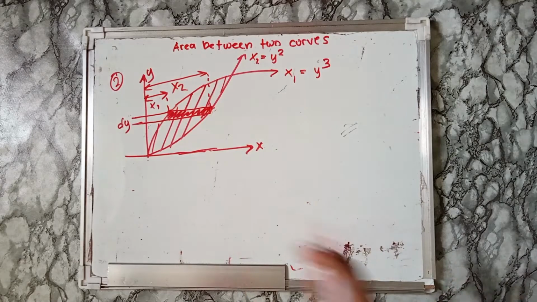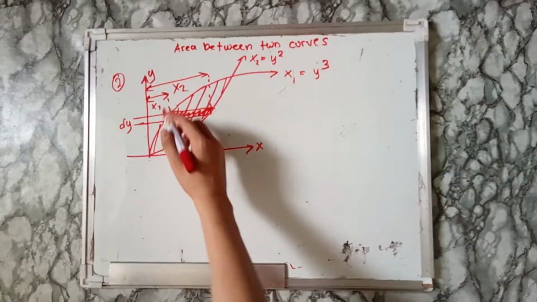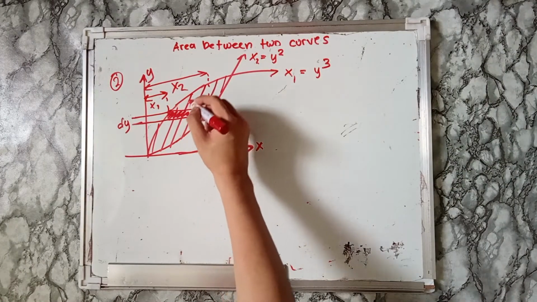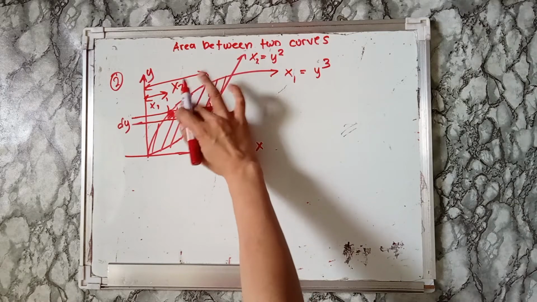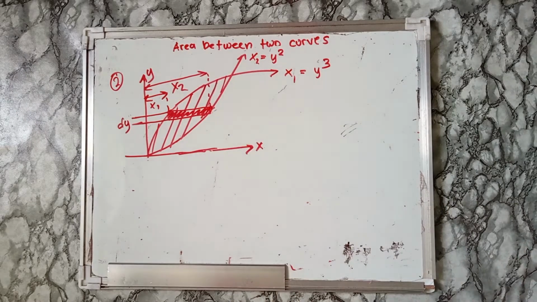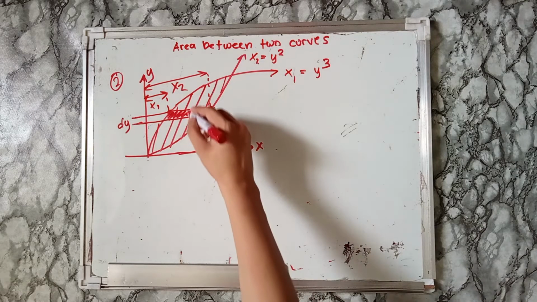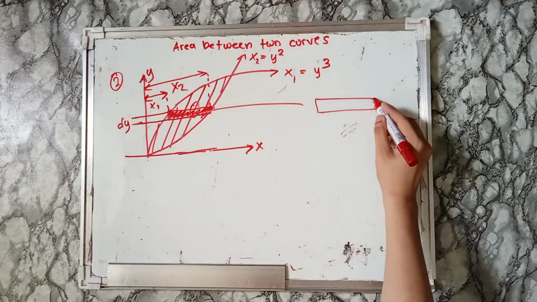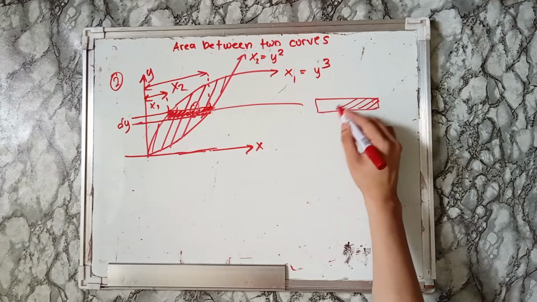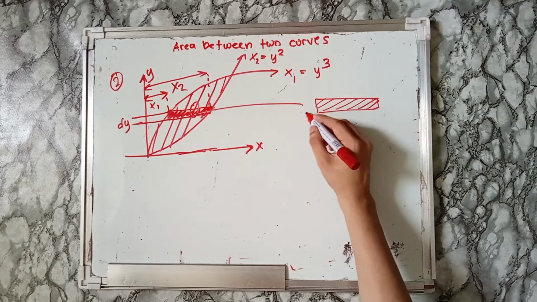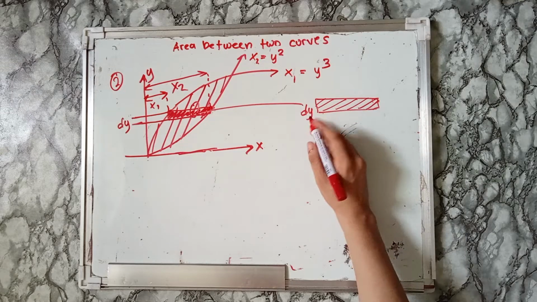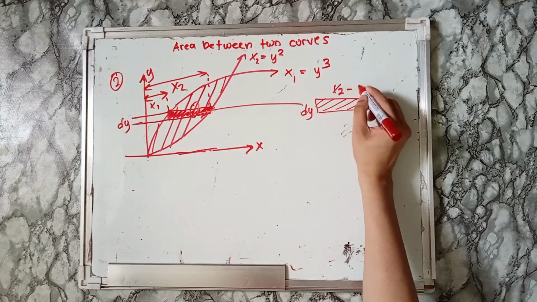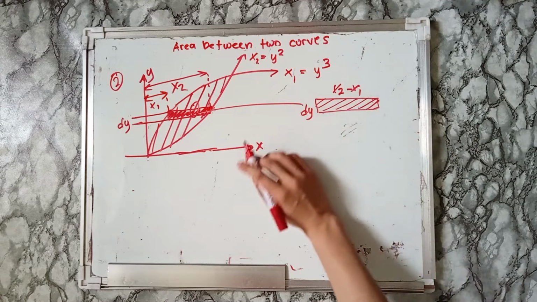So the area here at the center is x sub 2 minus x sub 1. So this is just dy and x sub 2 minus x sub 1, right?